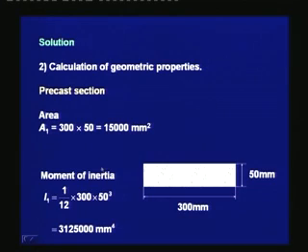Next, we are calculating the geometric properties. For the precast section, the cross section area is 300 millimeters times the depth 50 millimeters, which is 15,000 millimeters square. The moment of inertia I1 is equal to 1 by 12 B times depth cube, which comes out to be 3125000 millimeter to the power 4.